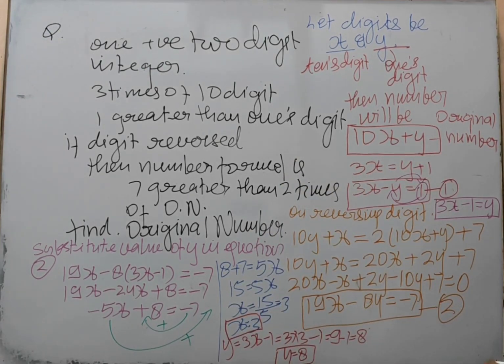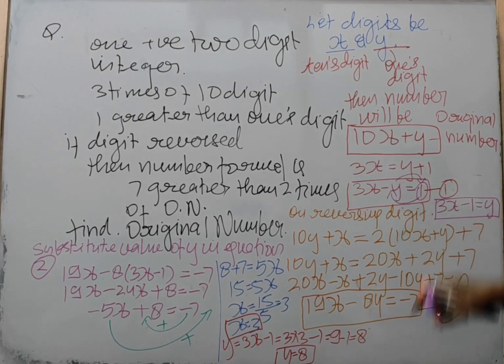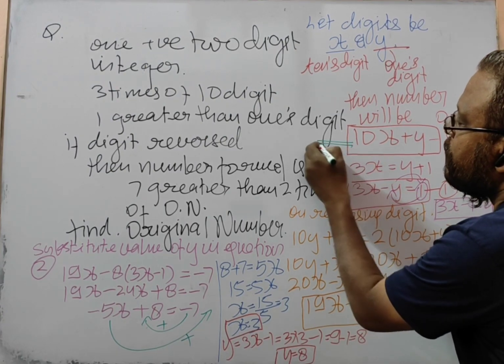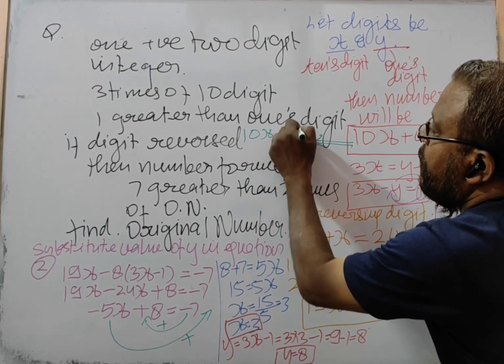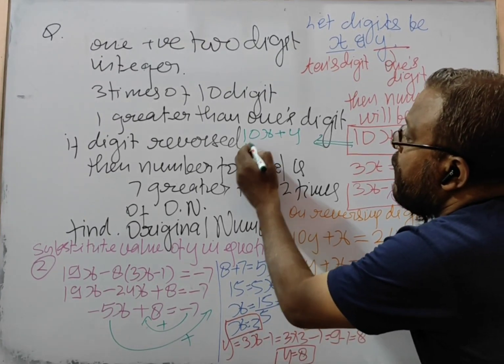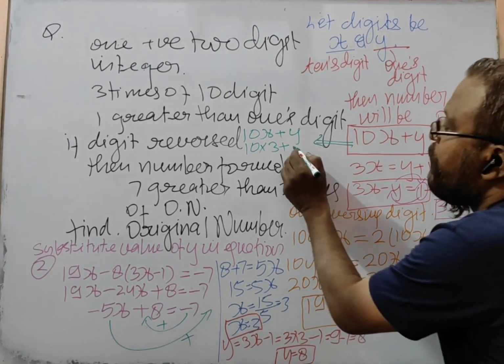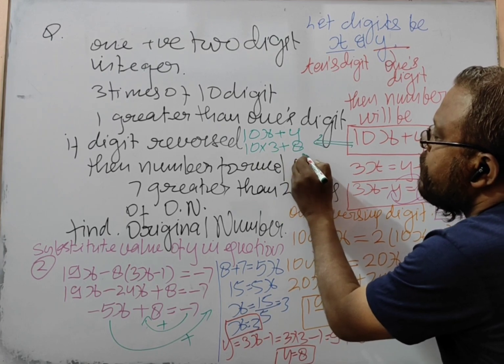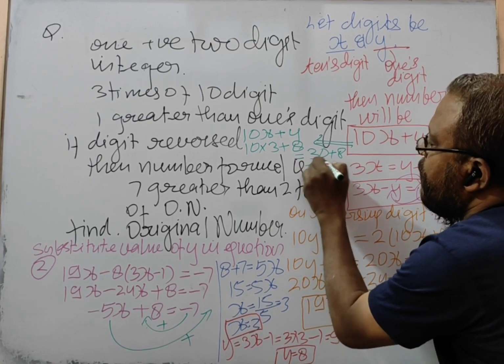Now this is our number, na? Original number, 10x plus y. Put the values there, then the original number is 10x plus y. x is 3, so 10 into 3 plus y is equal to 8, so it becomes 30 plus 8 is equal to 38.